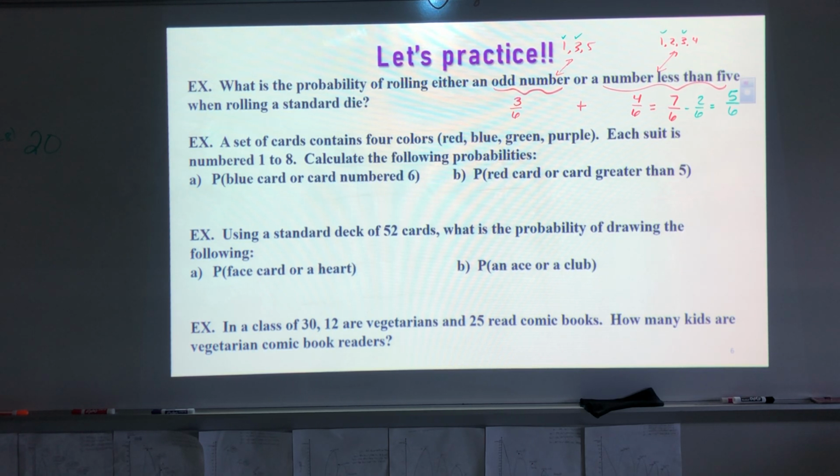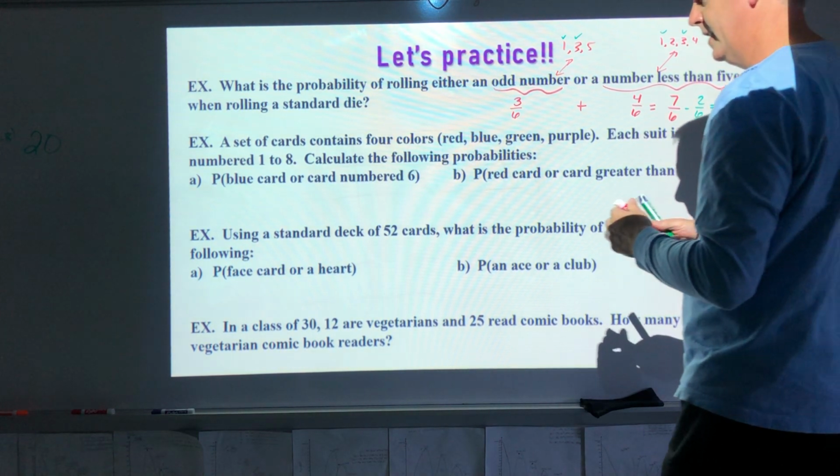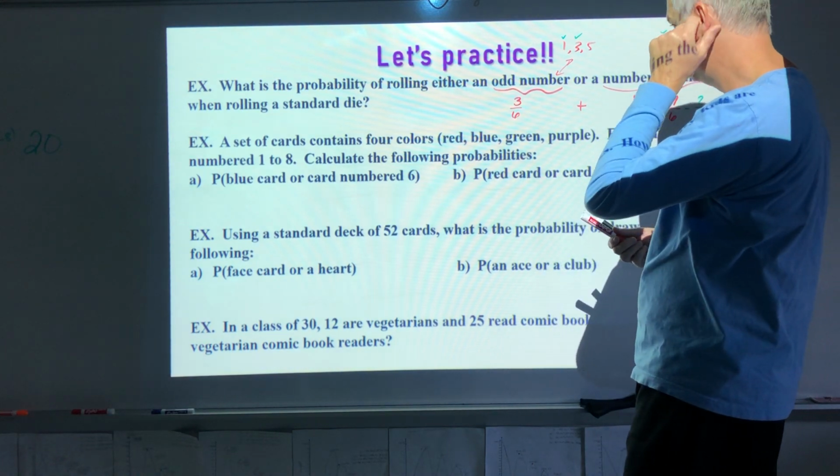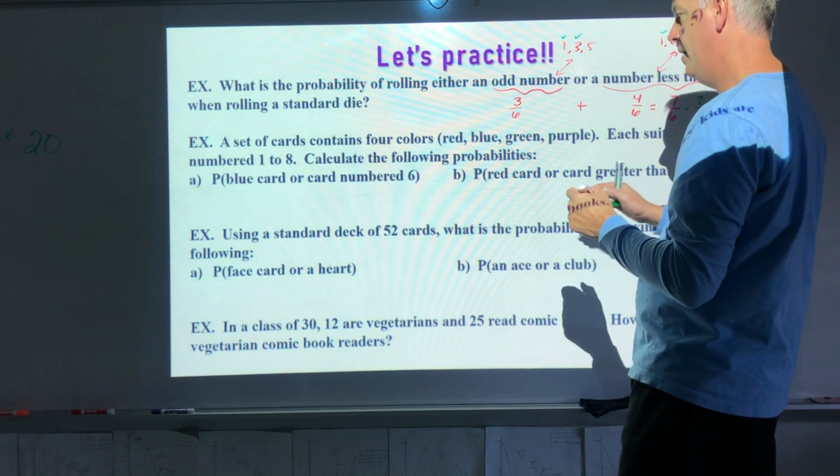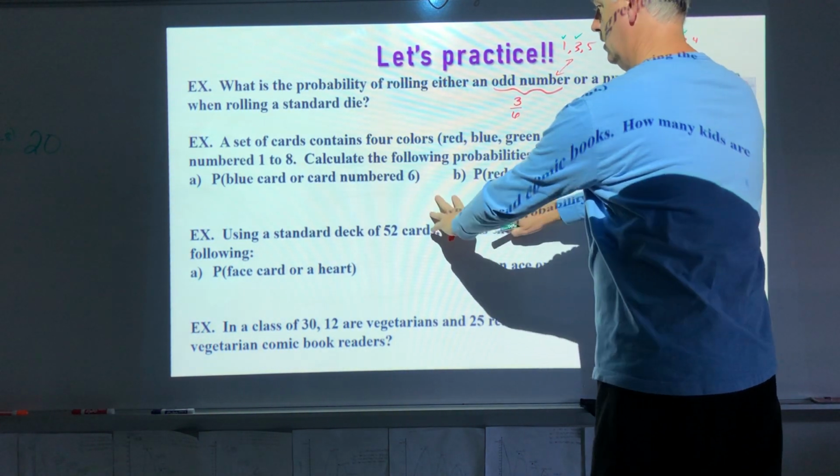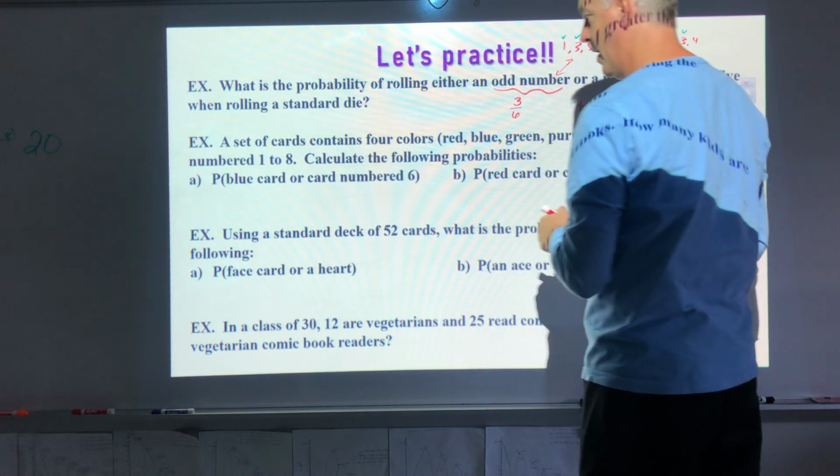So the next example, what I've done is I've used red, blue, green, and purple. Those are my 4 suits. Each card is numbered 1 through 8, all right? So let me see if I can do this for you guys where you can see it. I'll just do it in the middle and then answer my problems independently.